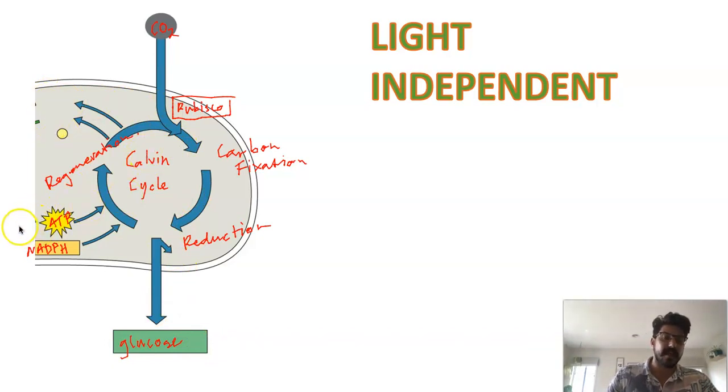Now we also have our unloaded carriers up the top. NADP plus and ADP plus, and this guy here is Pi, so that's just a little phosphate on his own. So these guys here are unloaded carrier molecules.